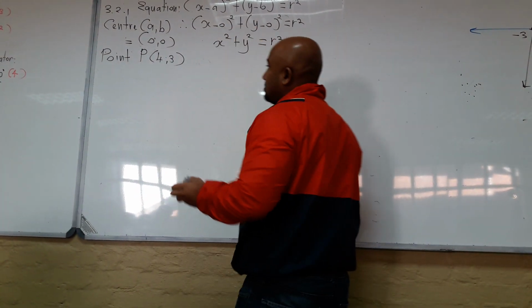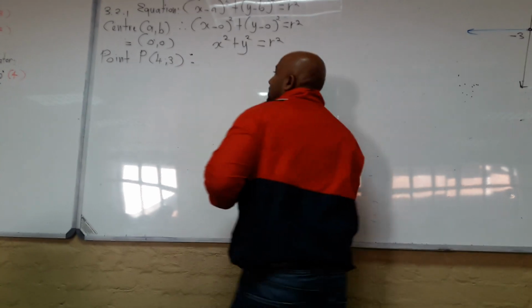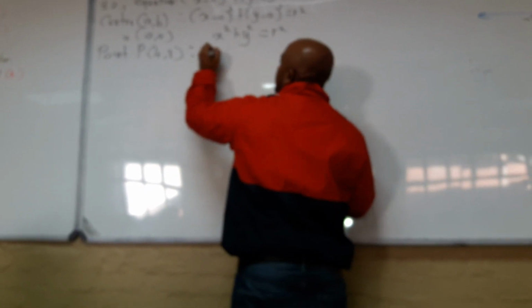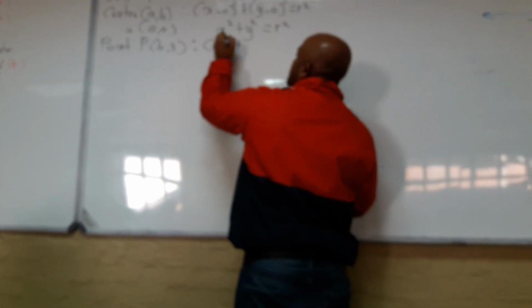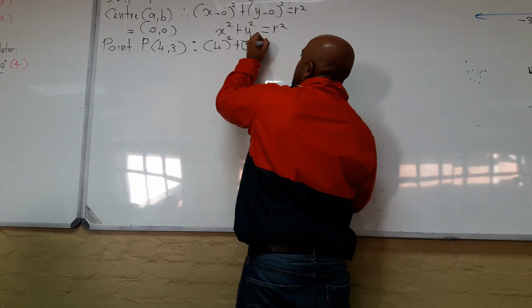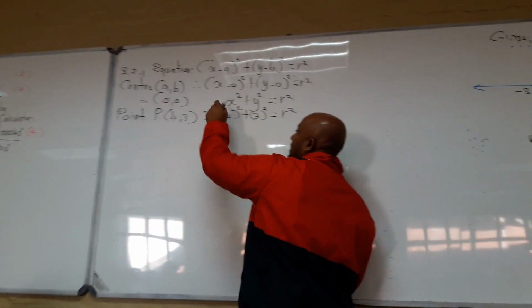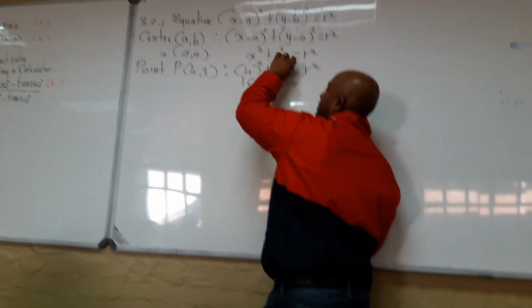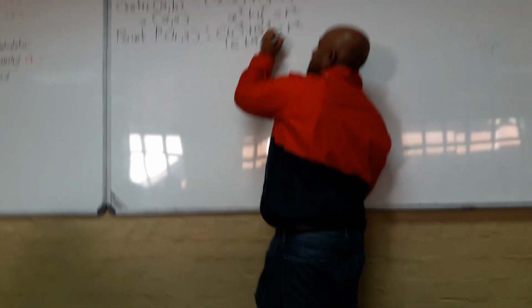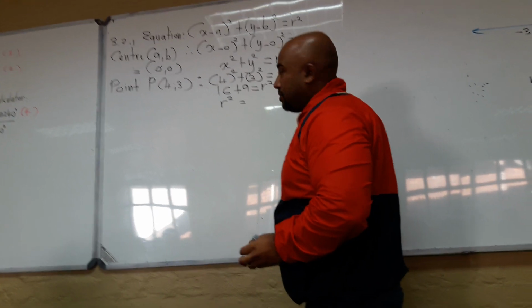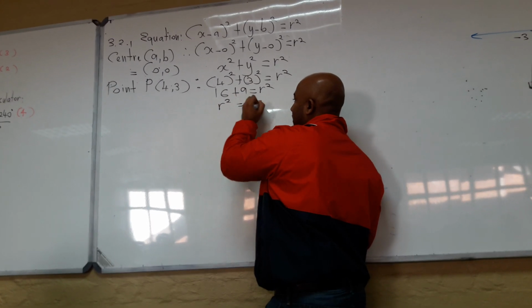We can substitute this point into the equation of the circle. So that's going to be 4 squared plus 3 squared is equal to r squared. So 4 squared here is 16 and 3 squared will be 9, equal to r squared. So r squared is equal to 25.